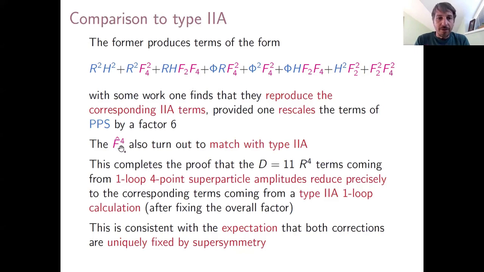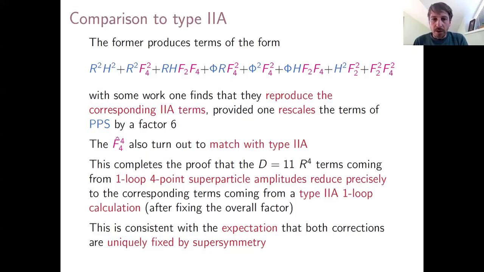And then finally, the F4 terms in 11 dimensions, these are a bit easier to reduce. And again, you can show that they match the F4 terms that you extract from the terms quartic in the Riemann spinor in the type 2A case.